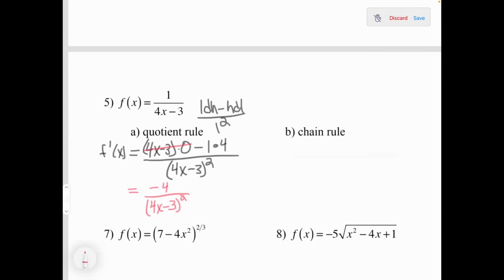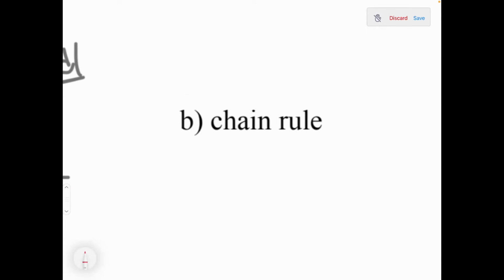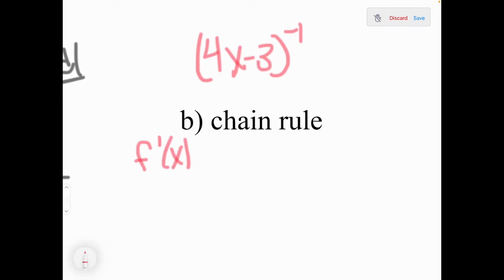If we do this with the chain rule, we're going to rewrite this as 4x minus 3 raised to the negative 1 power. When we take the derivative, we use the power rule here. The negative 1 comes in front, times the something, whatever that something is. We're not changing it. We subtract 1 from the exponent: negative 1 minus 1 is negative 2.